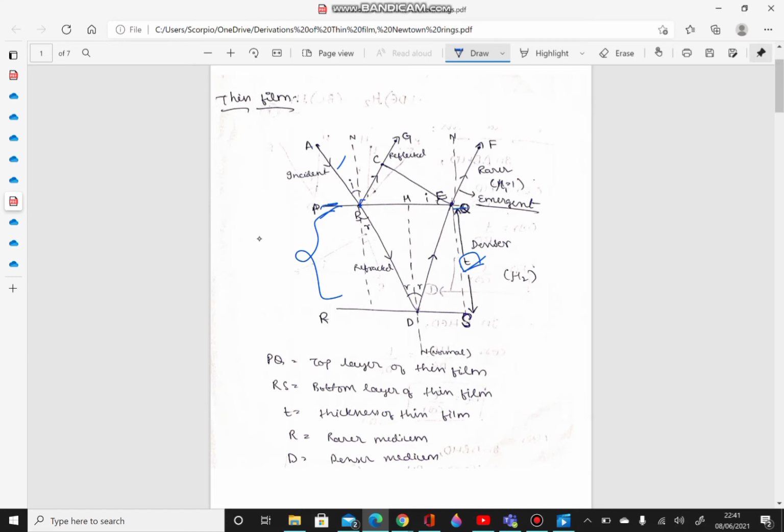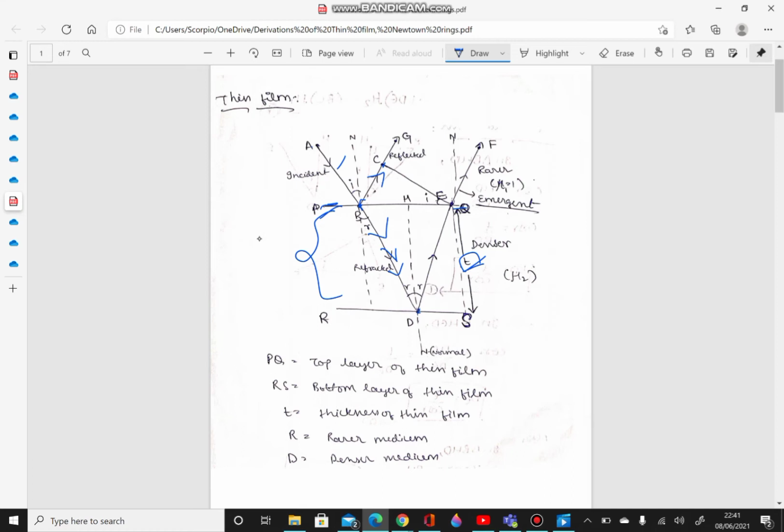Some part of the incident light is reflected back to the air medium itself, that is the reflected ray PC, and some other part of the light ray gets refracted, and this is the refracted ray PD.